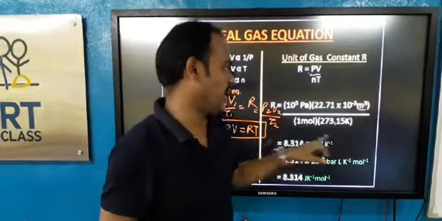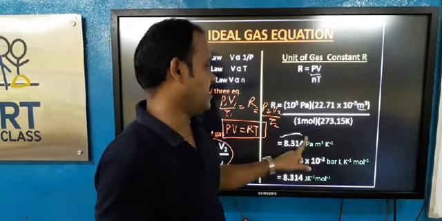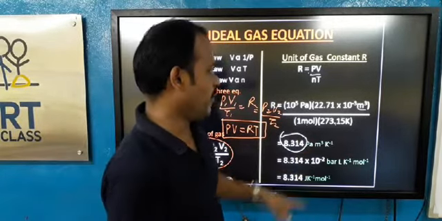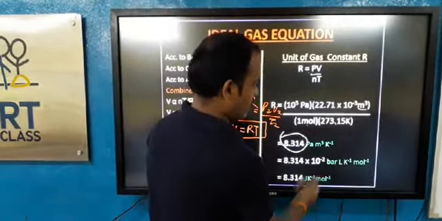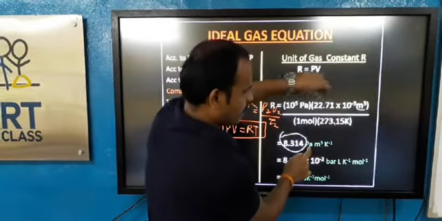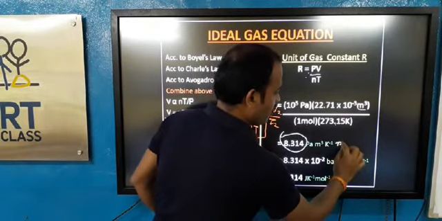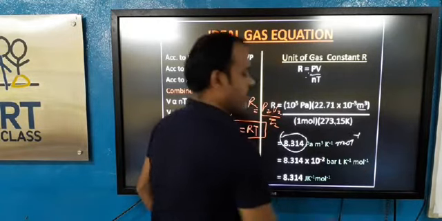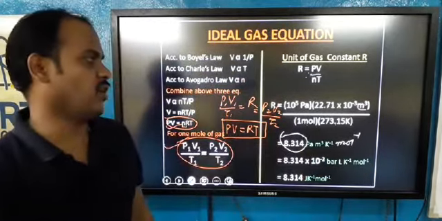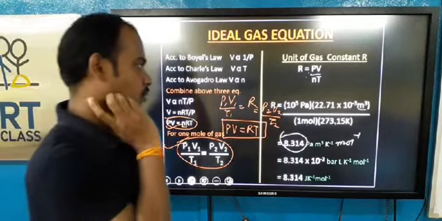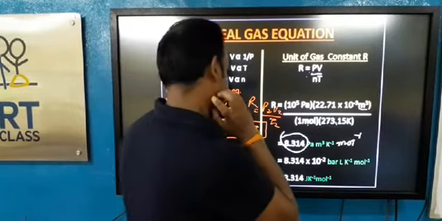If you put these values and solve, you will find the answer 8.314, and the unit is clear from here: Pascal meter cube, Kelvin inverse and mole inverse. This is the unit of gas constant R for 1 mole of gas.